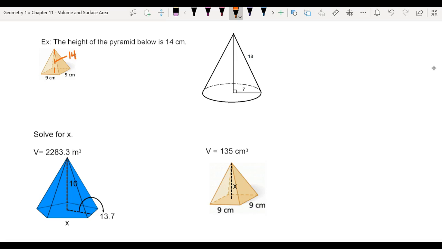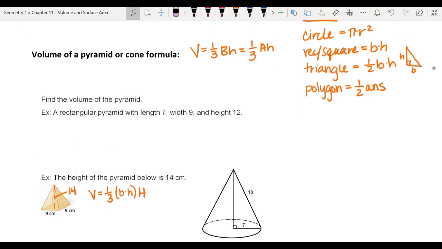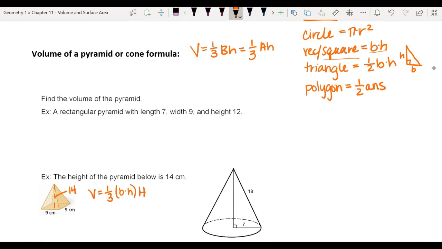It is a pyramid, so your volume is going to be 1/3 base times height, because the base is a rectangle or square, so my area formula gets replaced with base times height. I replaced my area formula with the area formula we wrote above for a square, base times height.